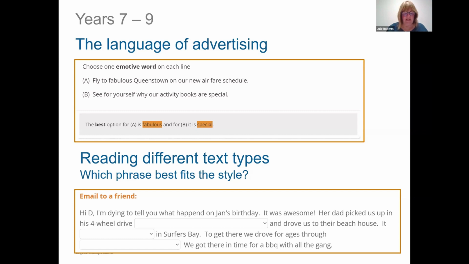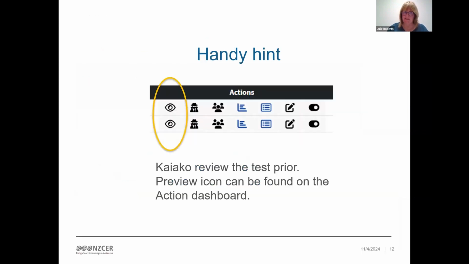When completing the reading type texts, students select one phrase that best suits the style and purpose of the writing from 3 possible phrases. So they just have to choose one that best suits it. So there are the 6 subtests within it.